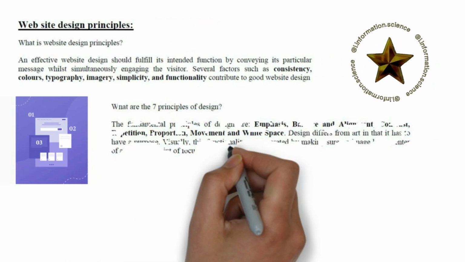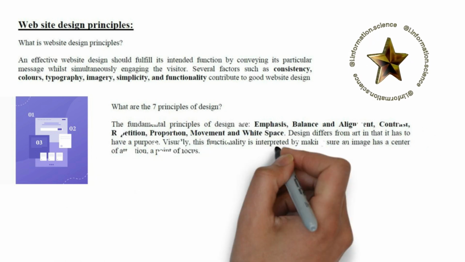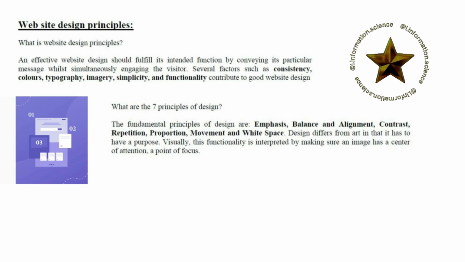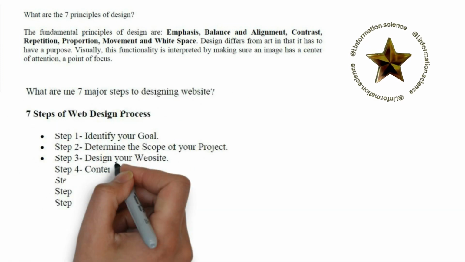What are the 7 principles of design? The fundamental principles of design are emphasis, balance and alignment, contrast, repetition, proportion, movement, and white space. Design differs from art in that it has to have a purpose. Visually, this functionality is interpreted by making sure an image has a center of attention, a point of focus.